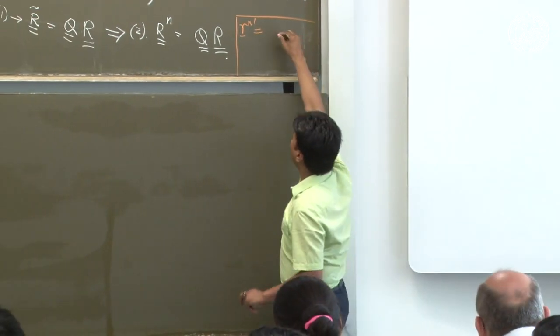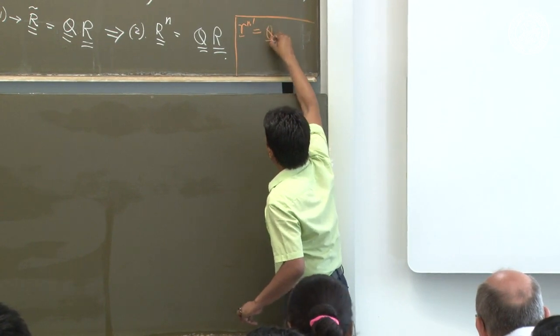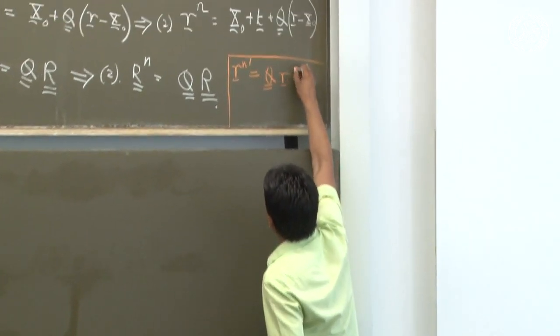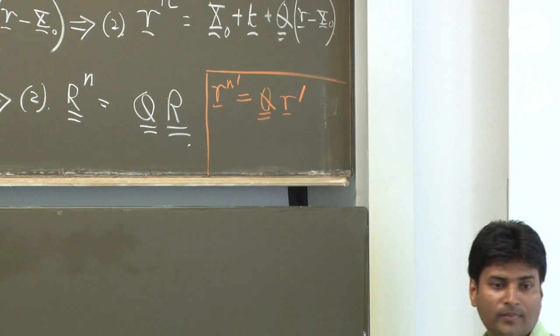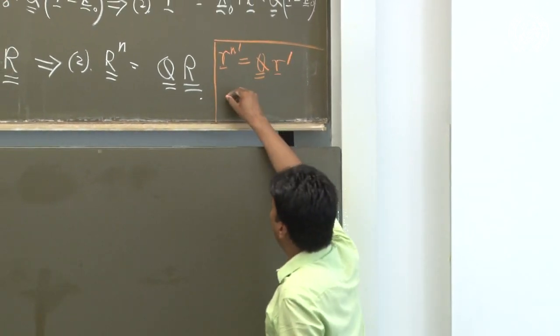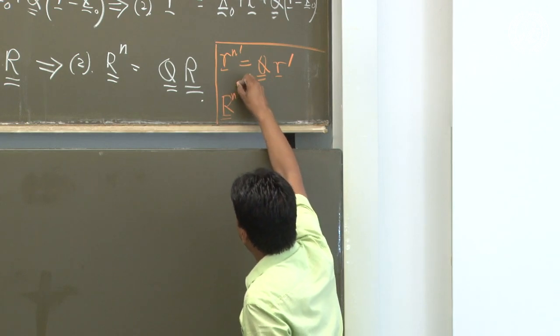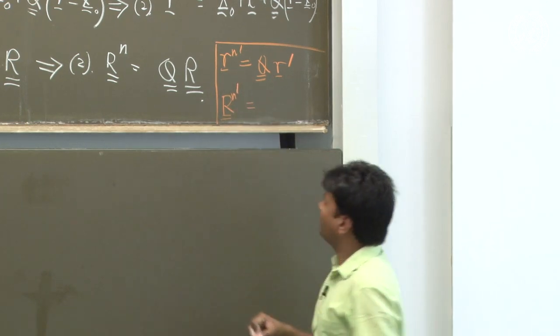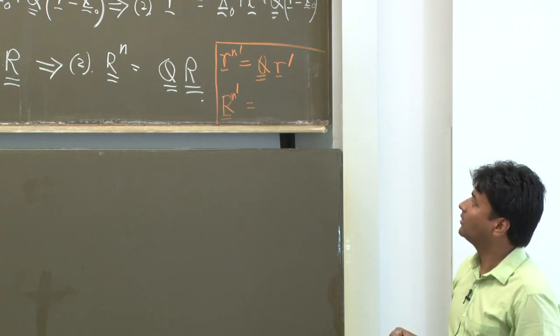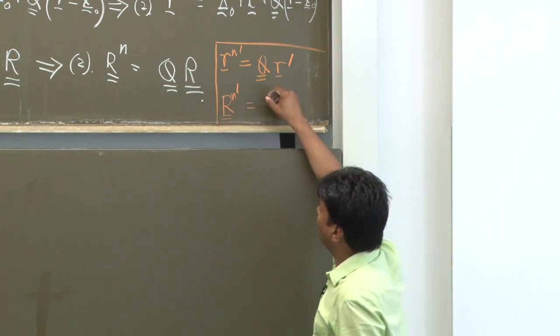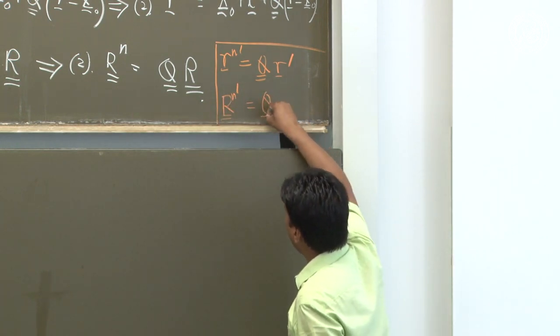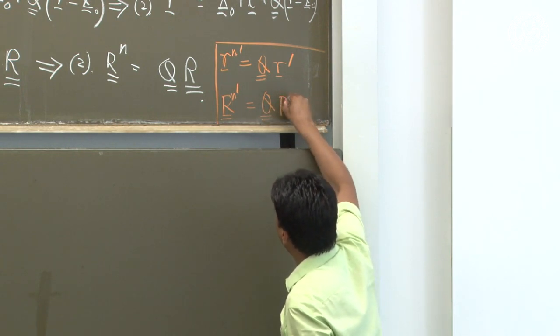So this is same as Q times small r prime. What about big R nu prime? What's that equal to? Q is constant, so I don't take its derivative. Q times big R prime.